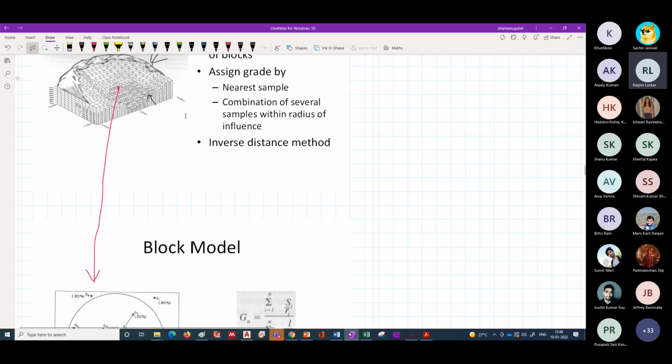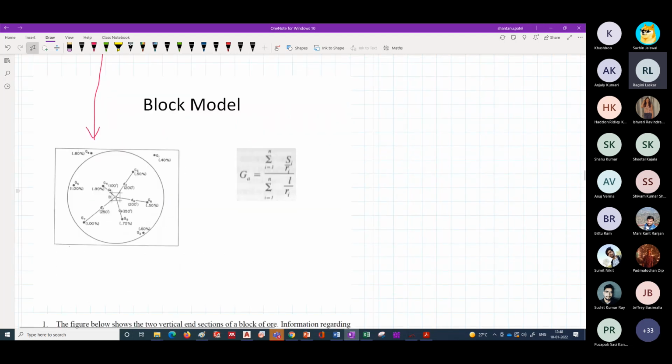So let's say that is the location of this block, and around this block there are different boreholes, starting with G1 here, right? Can you read this? Is it too small? Fairly visible?